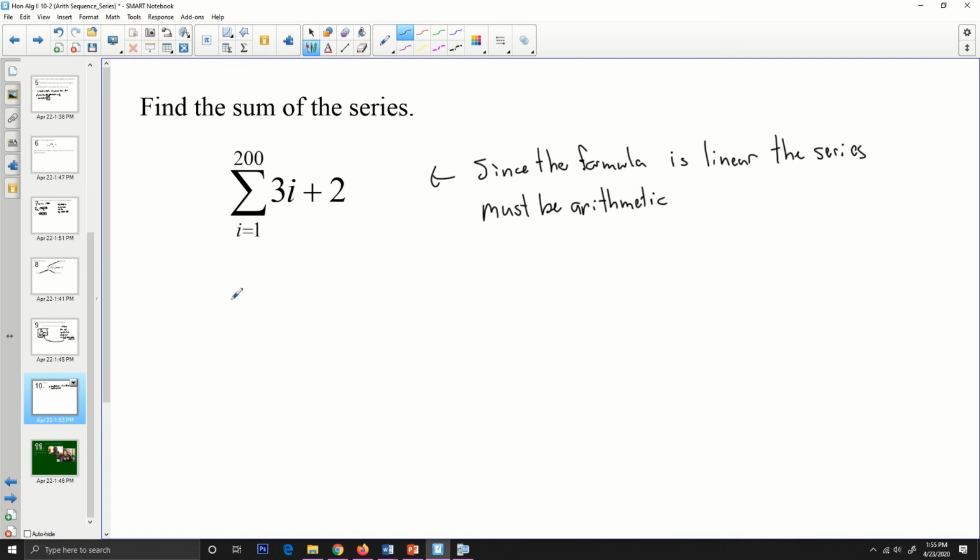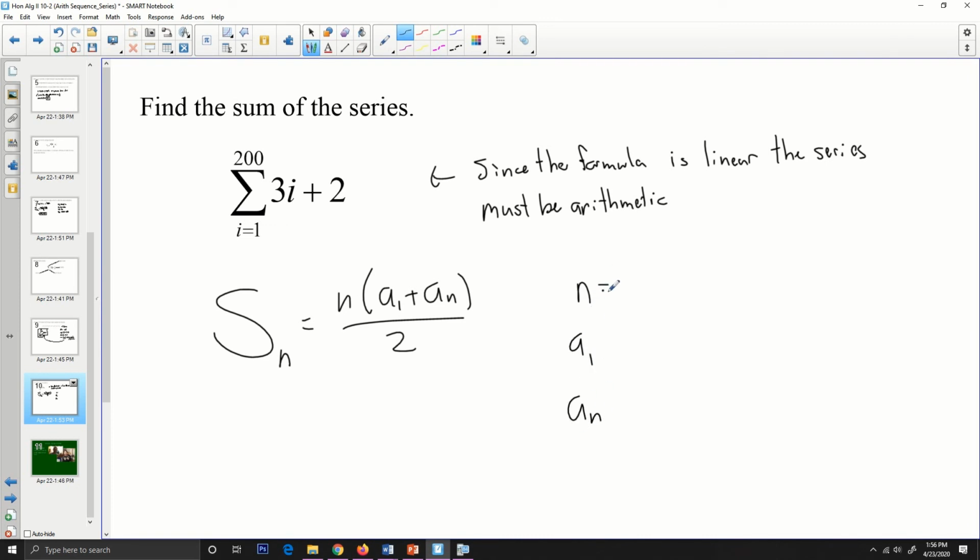All right, so I'm going to use the formula S sub n equals n times a sub 1 plus a sub n all over 2. Because this is the sum of an arithmetic series, which this defines. So I have to figure out what n, a sub 1, and a sub n is to adequately add this. Now, since it starts at 1 and goes to 200, there are 200 terms in this series.